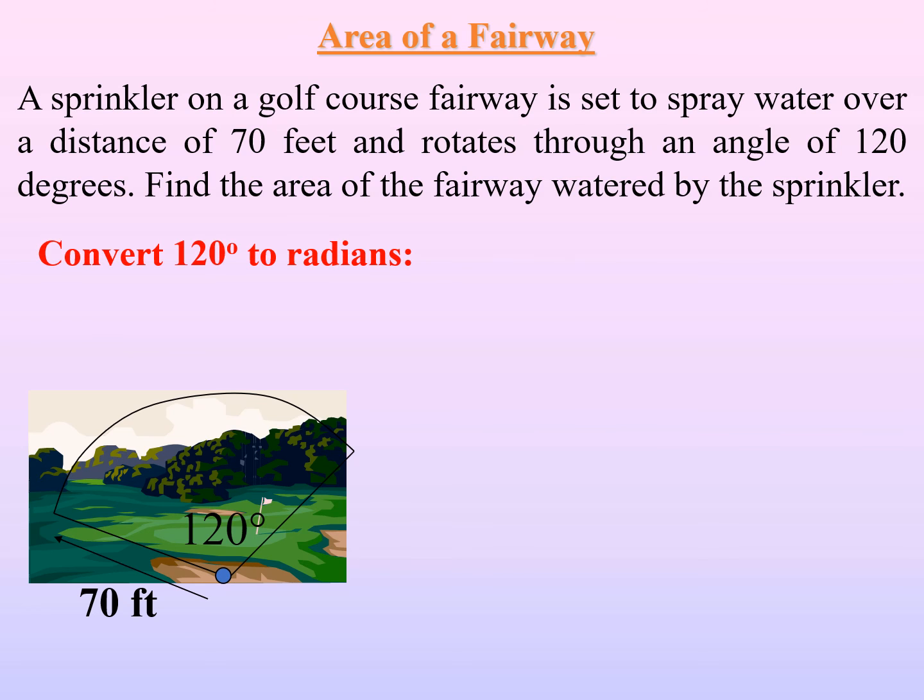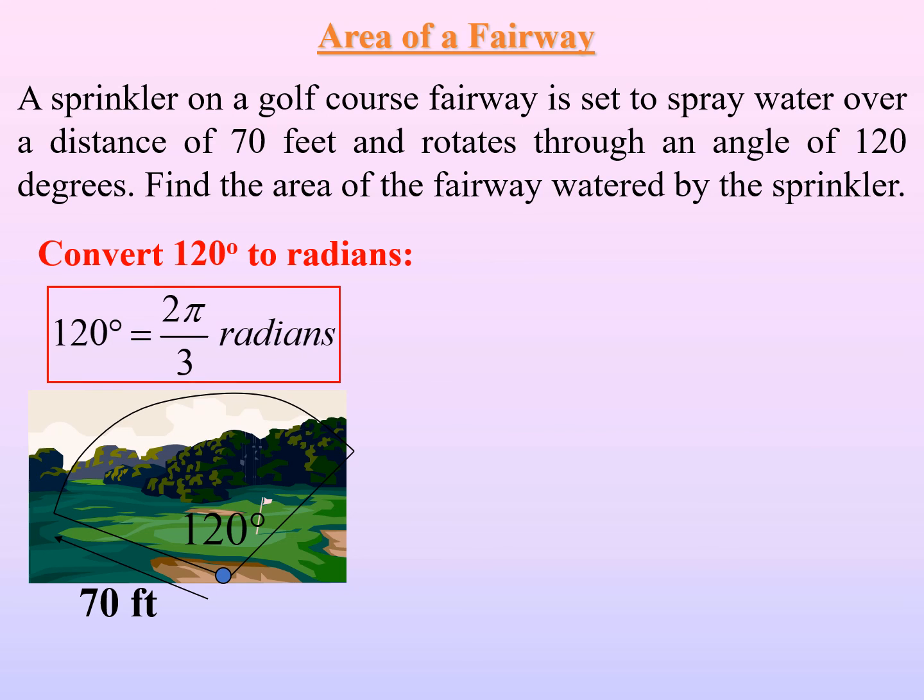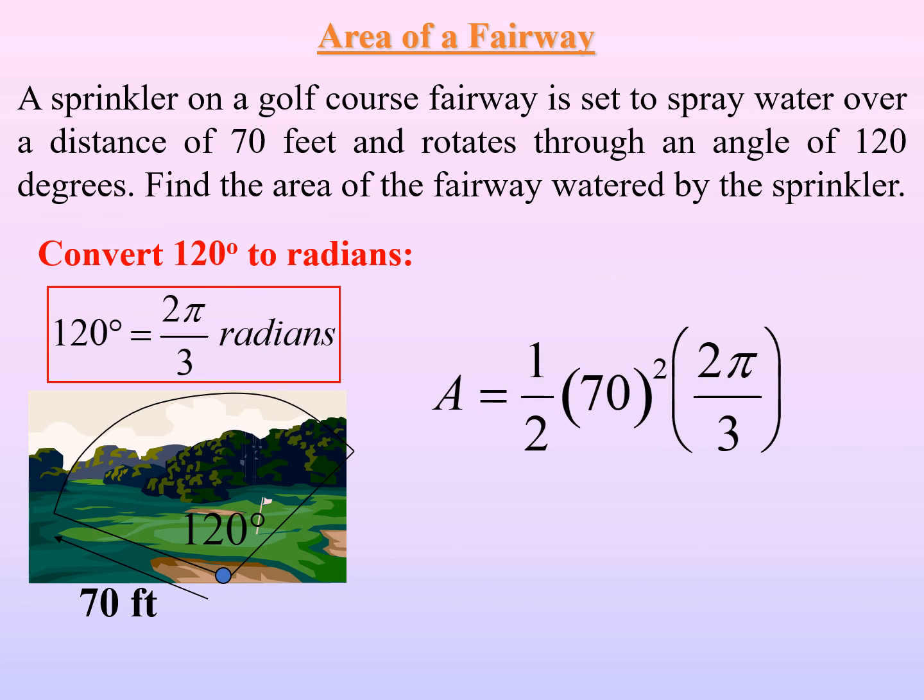So the first thing that we should do is to convert 120 degrees to radians. And 120 degrees equals 2 pi over 3 radians. And the next step that we are going to do is to substitute all the values in our formula, which is the area equals 1/2 r squared theta.